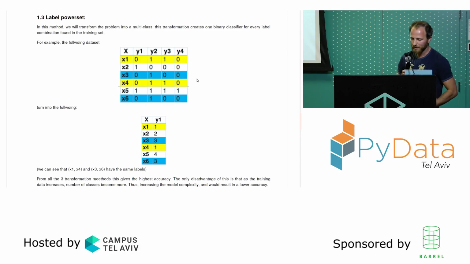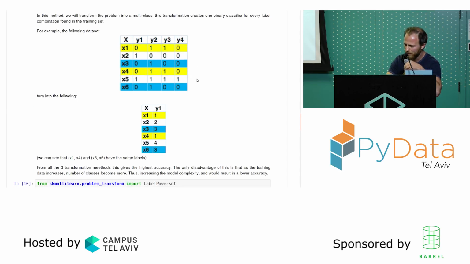The third and last technique of turning this data into a single-label problem is to look at the labels not as columns, but rather as rows. So we can name the first row as 1, the second one as 2, and the third one as 3.